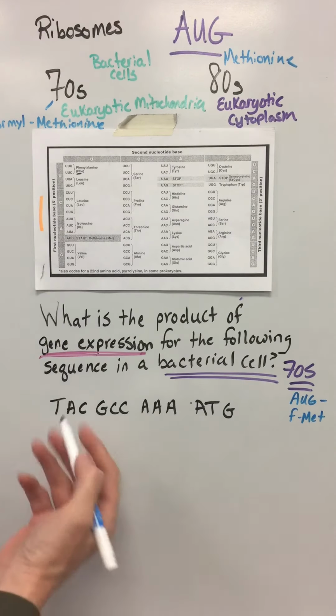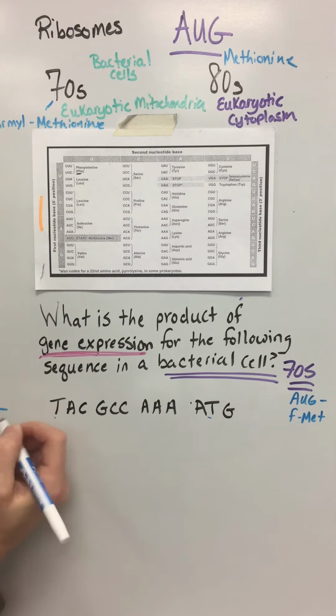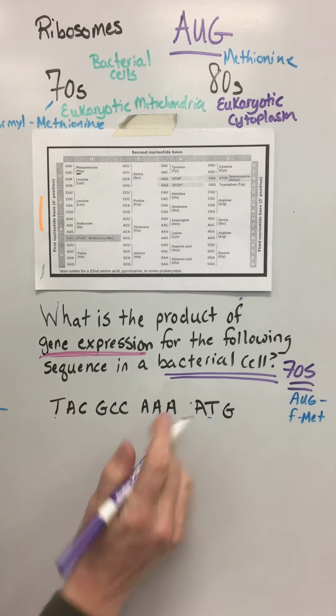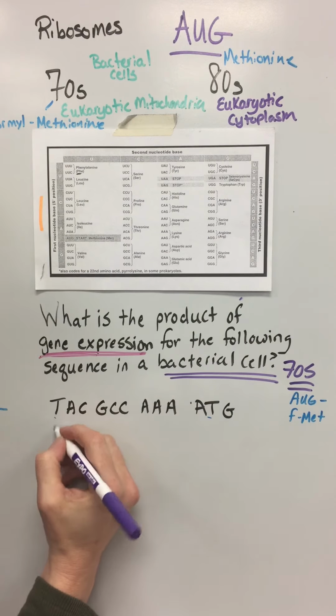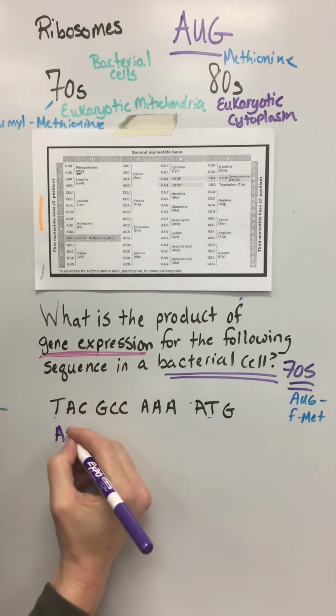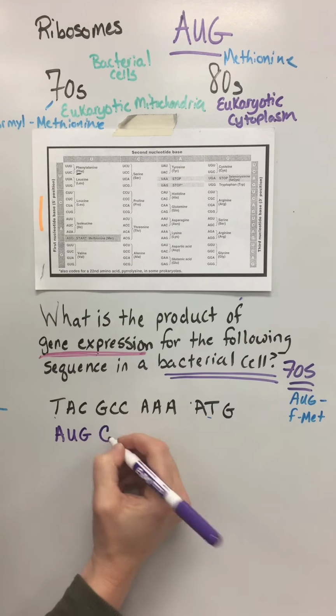The other thing we want to take a look at, what kind of code have we started with? Well, seeing some T's in there tells me that this is a DNA sequence. So I'm going to start off with DNA. That is first going to have to be transcribed into an RNA message for the ribosome to read. So when we transcribe DNA to RNA, your thymine will pair with an adenine on the mRNA, adenine with uracil, cytosine with guanine, and guanine with cytosine.